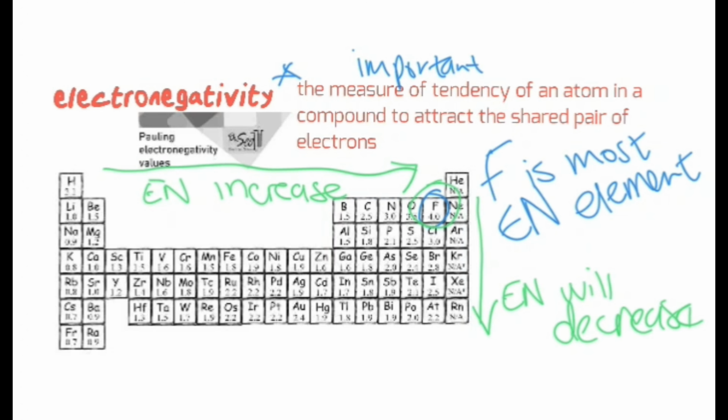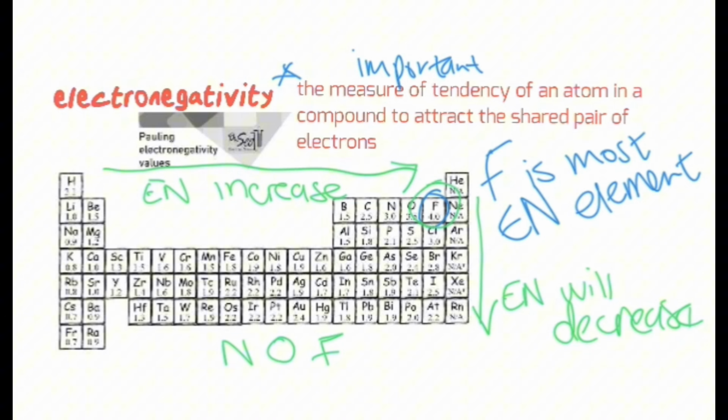Examples of highly electronegative elements are nitrogen, oxygen, and fluorine. So that's NOF. As we move towards those elements, the electronegativity values will be higher, which means those elements attract the shared pair of electrons more closely, creating something called a dipole or a dipole moment.